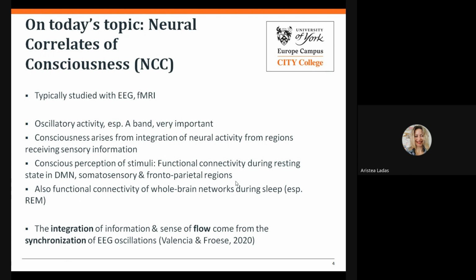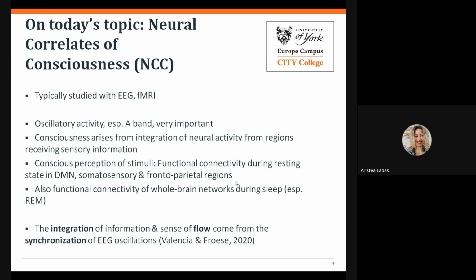Typically, the neuroscientific methods to study consciousness are EEG, functional MRI, and MEG, which is used lately. Let's focus on EEG, for example. What is investigated is actually oscillatory activity, especially the alpha band, which seems very important for consciousness.